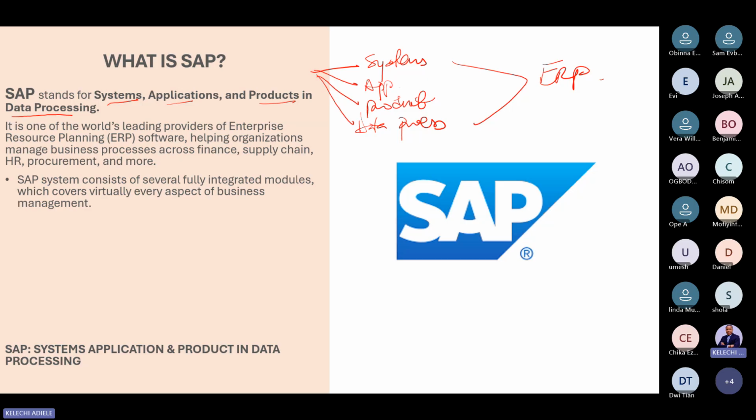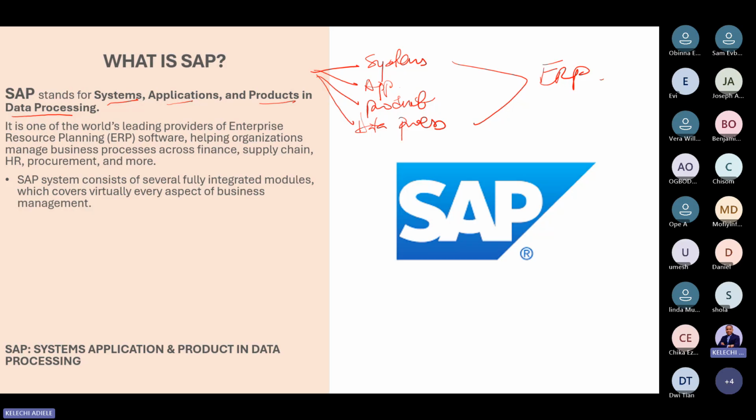But we're going to come fully into that. We're going to know why SAP is a system, why it's an application, why it's a product, and how it processes data. When you dissect SAP like this, it gives you a little more insight into what the application is. So first, it's a system. Second, it's an application. Third, it's a product. And fourth, it processes data.